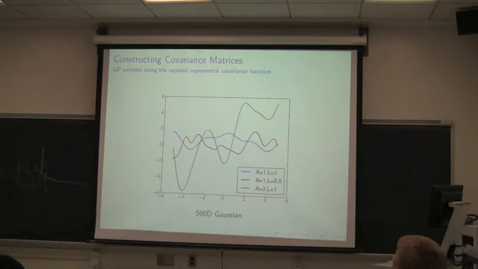There are no observations, no data used. It's just using the x values, computing this kernel function, and getting a sample from it. And the one observation is that the way we parameterize the exponentials changes the way those functions look.